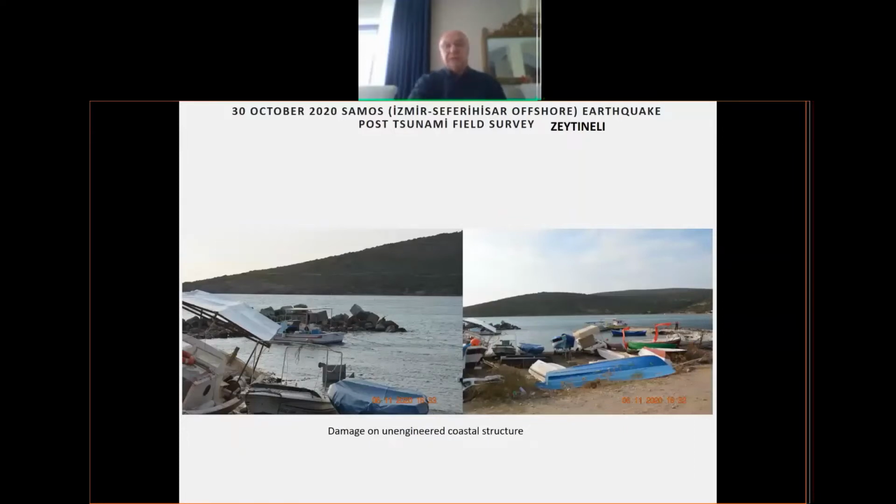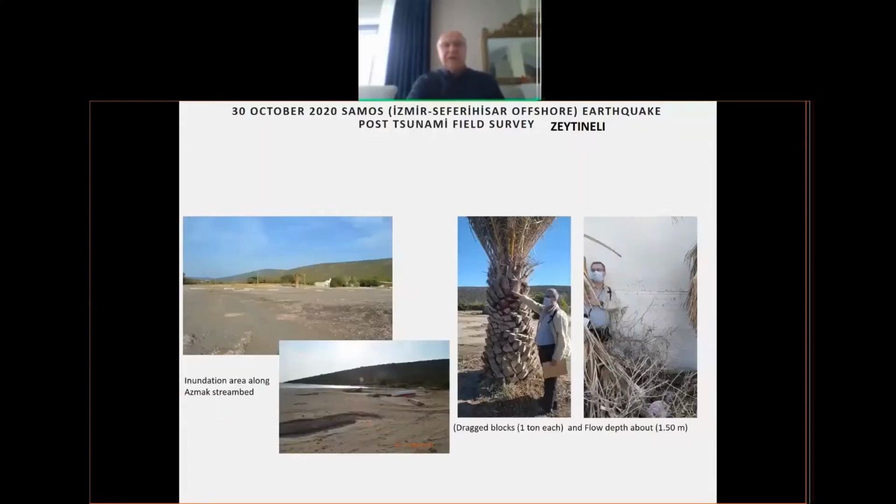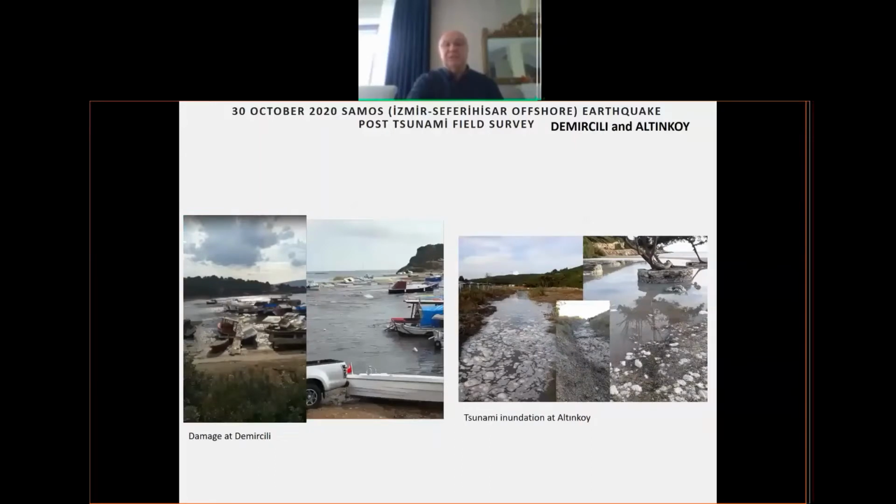This was not a very strong tsunami, but it also damaged the coastal structures and the marine vessels. At Zeytineli, the tsunami dragged 1 ton weight blocks along the coastline and penetrated inland along the lowland areas and the stream beds. Demircili and Altınköy are other similar examples of the tsunami damages.